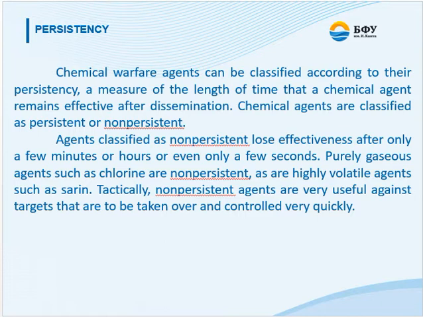Purely gaseous agents such as chlorine are non-persistent, as are highly volatile agents such as sarin. Tactically, non-persistent agents are very useful against targets that are to be taken over and controlled very quickly.